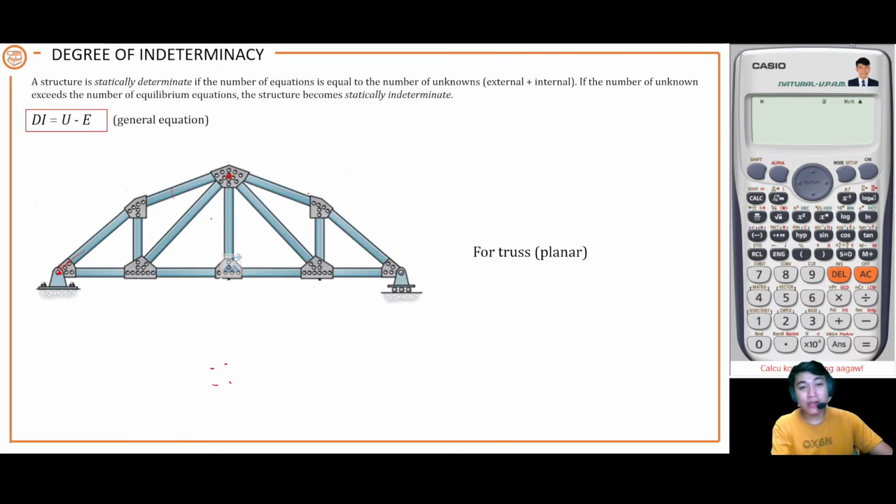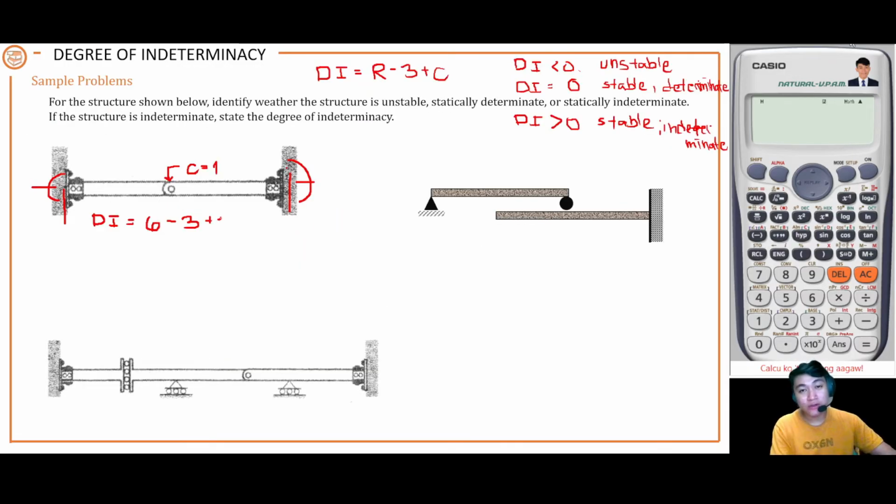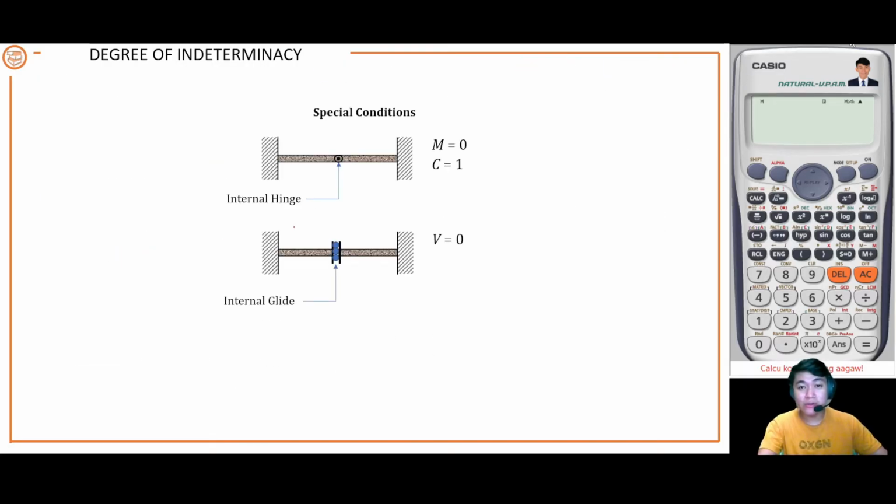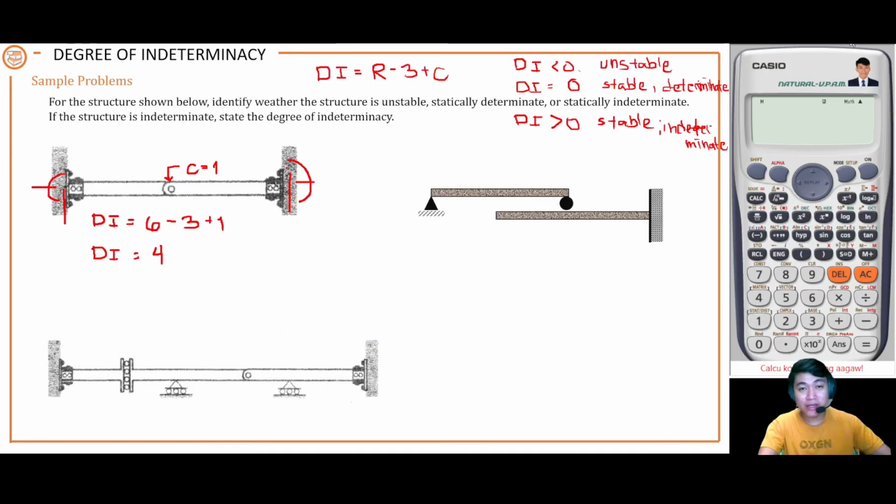So this is 6 minus 3 plus 1, which is equal to 4. Sorry, it should be minus, not plus.